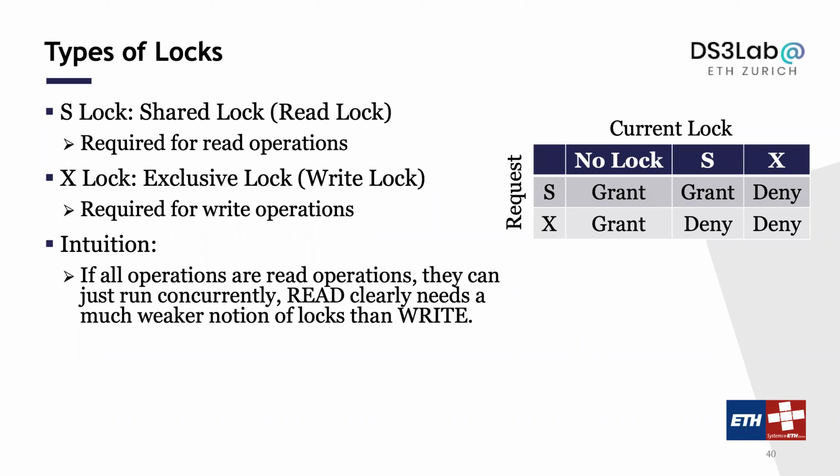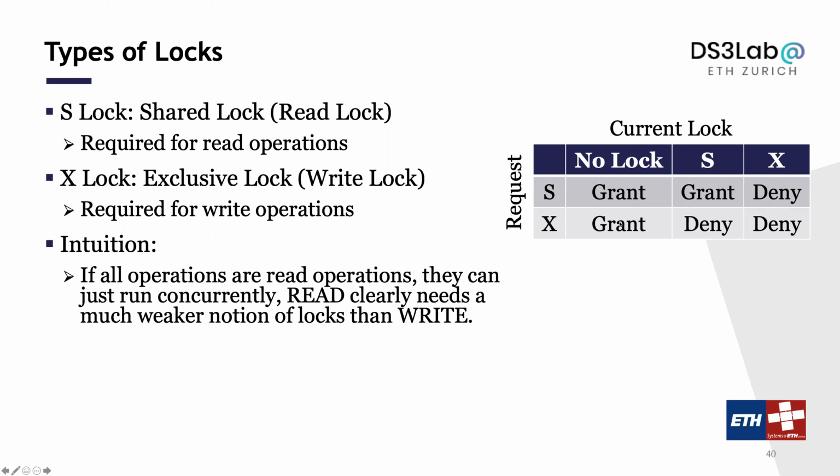On one dimension, each row specifies which type of lock you are requesting. If you request a shared lock and another transaction also holds a shared lock on the same object, I'm going to grant the lock to you. If another transaction holds an exclusive lock on the same object, I'm going to deny it. If you are requesting an exclusive lock and another transaction holds a shared lock, I'm going to deny you. If another transaction holds an exclusive lock, I'm going to deny you. If no transaction holds a lock, I'm going to grant it anyway.